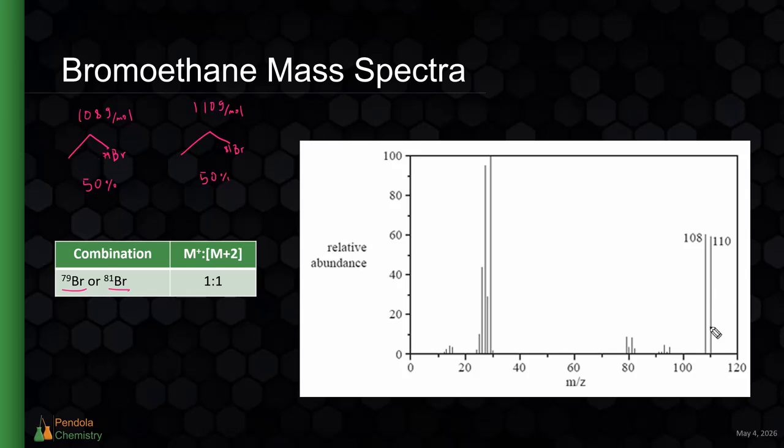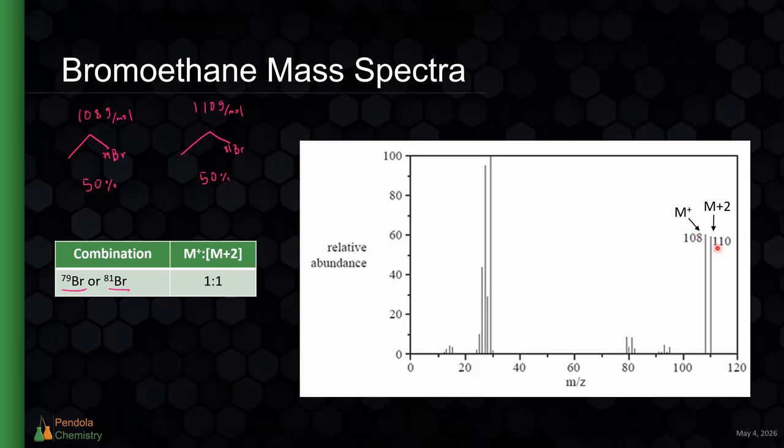So when we look at the peaks here, the M plus and the M plus 2 peak, they are almost the same height. And I say almost because remember, this is not going to be ideal. This is not going to be perfect, right? So we need to take this with a grain of salt. Notice that the M plus 2 peak is slightly lower than the M plus peak because of statistical anomalies and error.